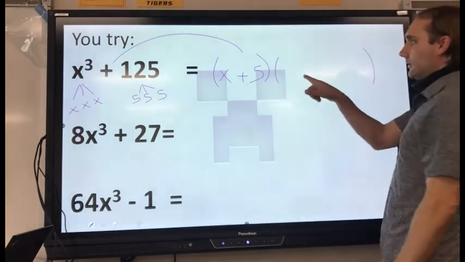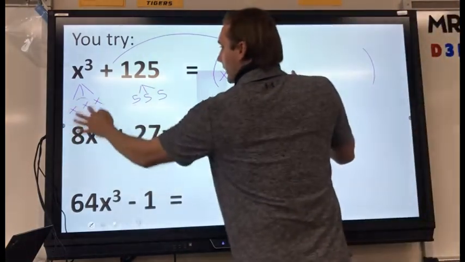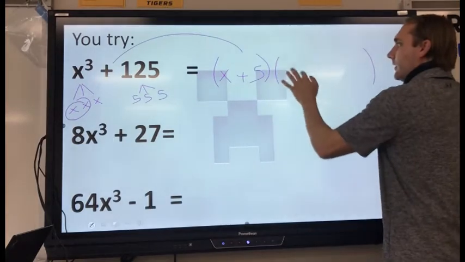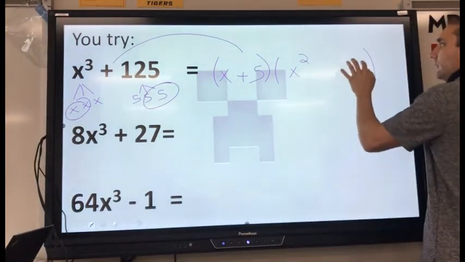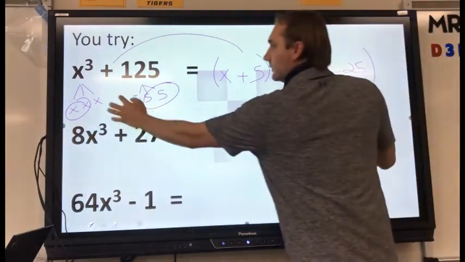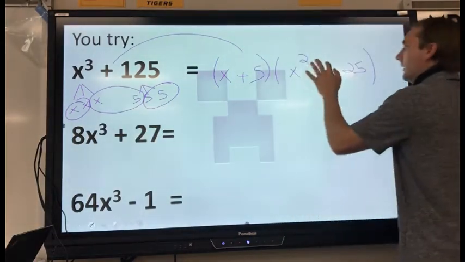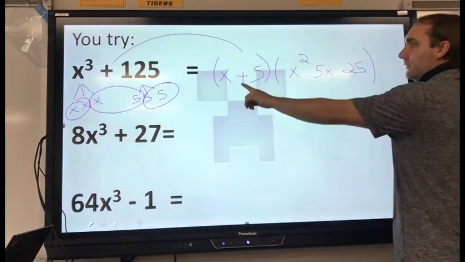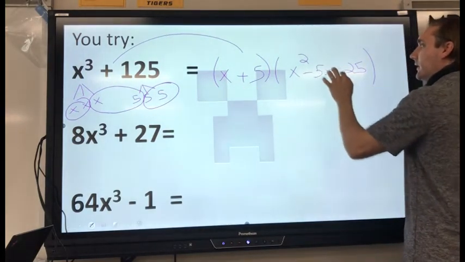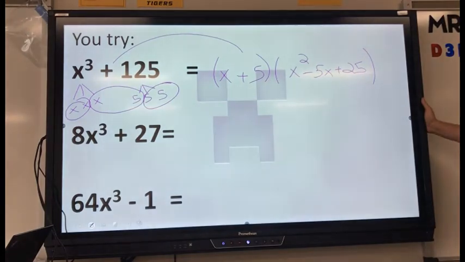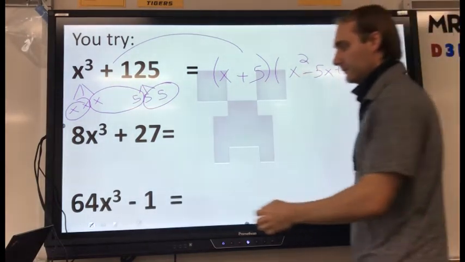And then here, what goes here? X squared. X times x is x squared. The last part, 5 times 5 is 25. And in the middle, 5 times x is 5x. Have I used my negative? Nope. So first option goes there, negative 5x and a plus 25. There you go. That's the first one factor.